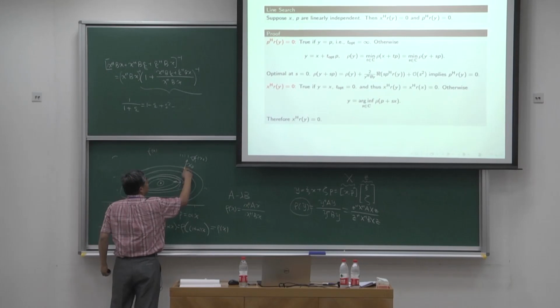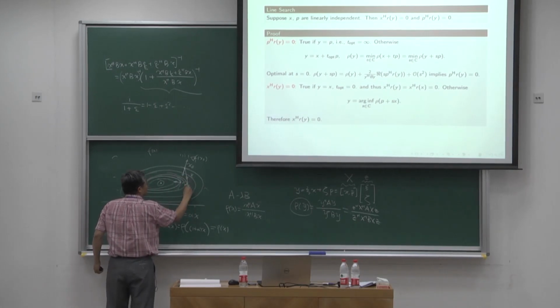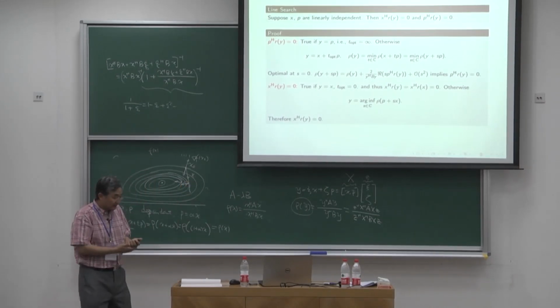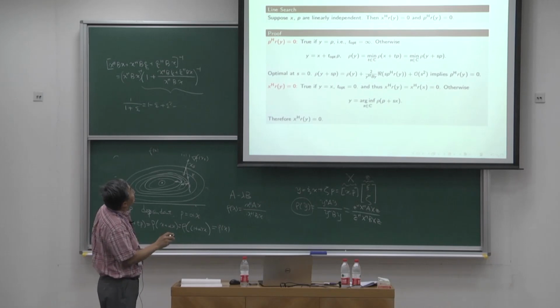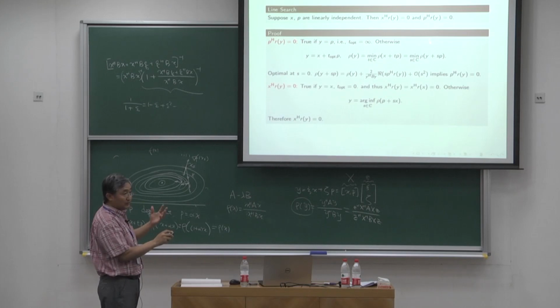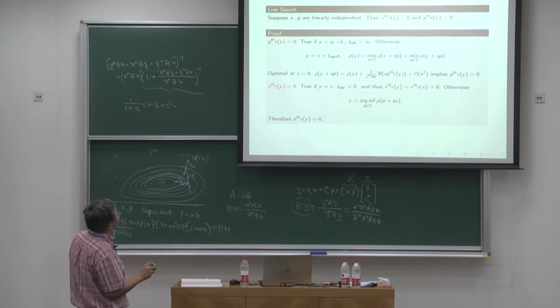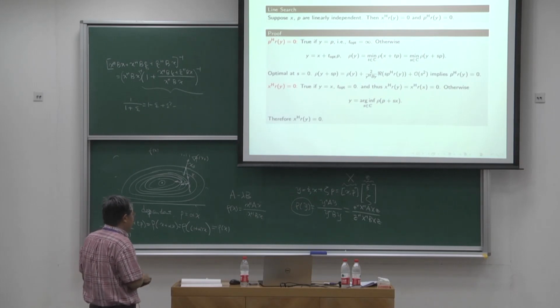You're going to stop at a certain point where the gradient here is going to be perpendicular to the direction. The residual direction is the gradient direction at the next point. The proof is not too difficult.